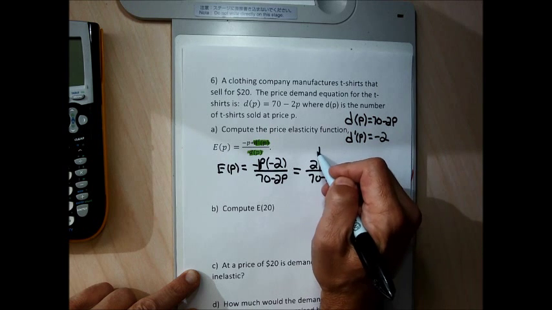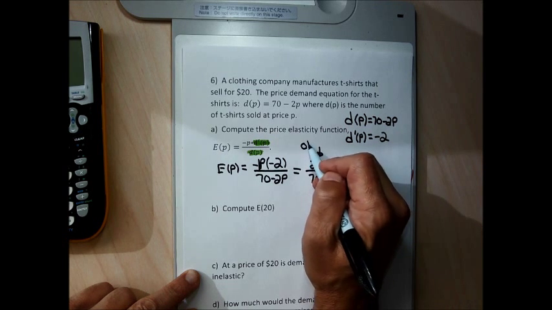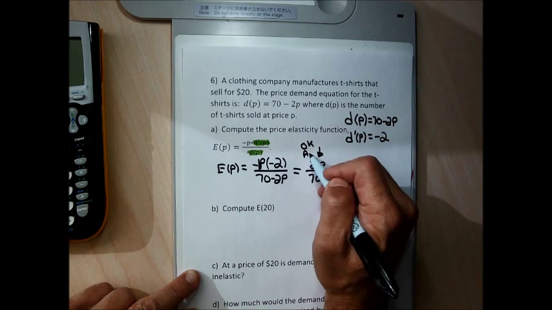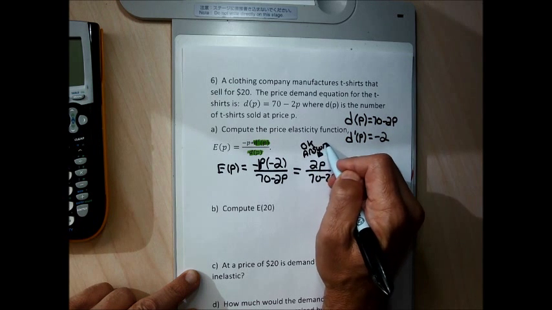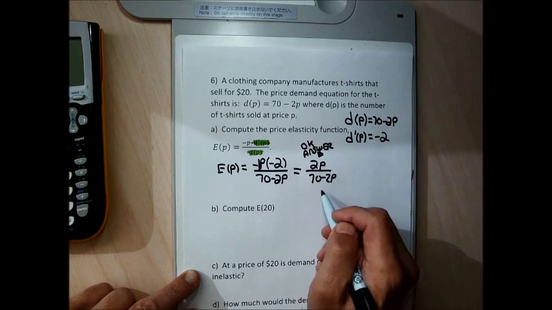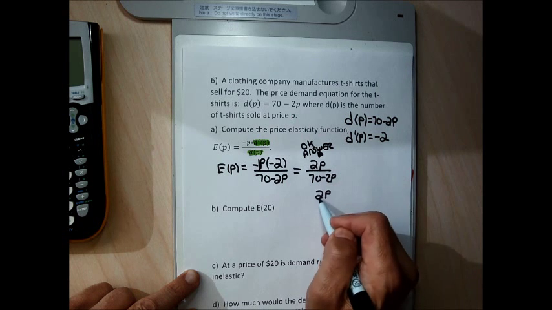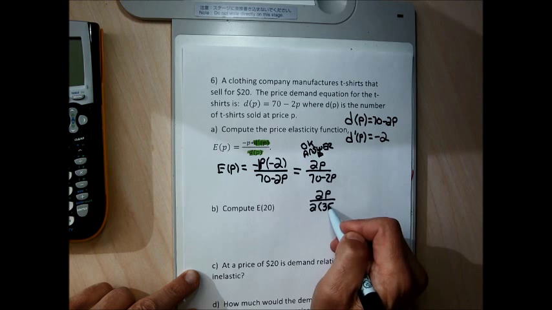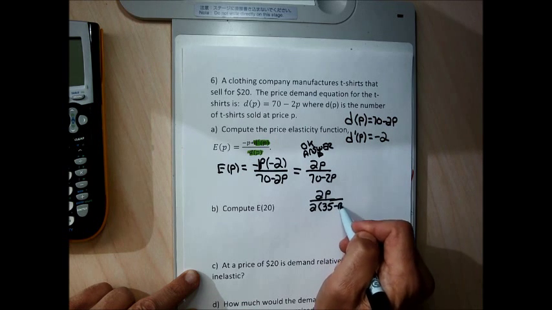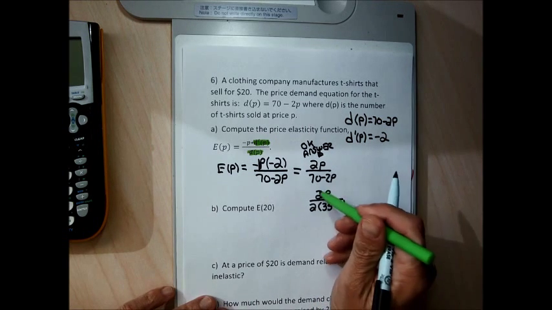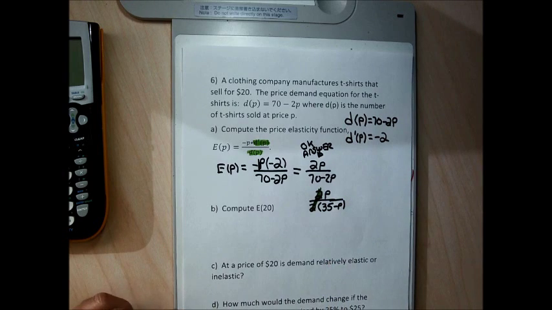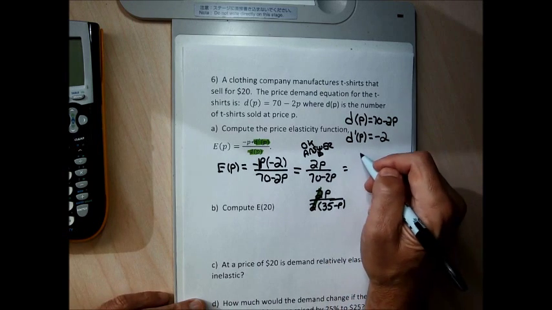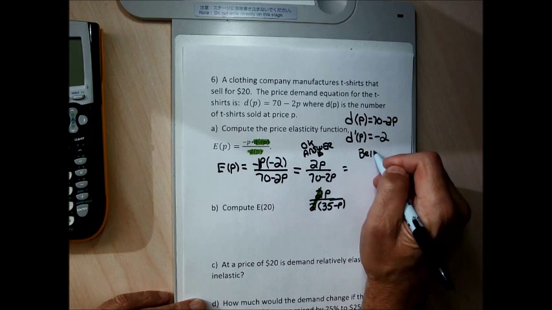This is a perfectly great answer for what the price elasticity function is in part A of number 6. If you wanted to, you can factor out a common factor of a 2 in the denominator. And if you factor out a 2 in the denominator, you'll be left with 2 times 35 minus p. And you could cancel out the 2's, and that would give me probably a better answer, an answer that's easier to work with.